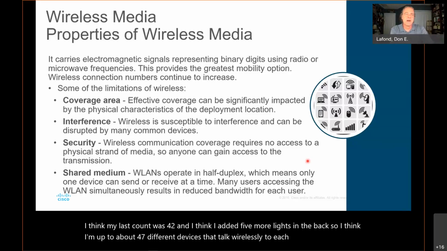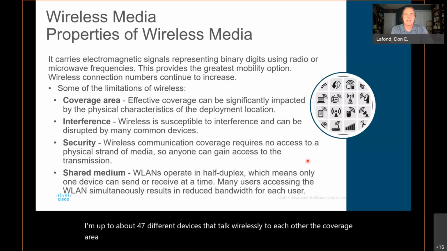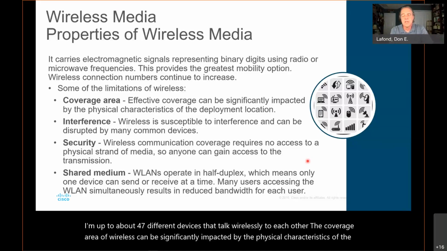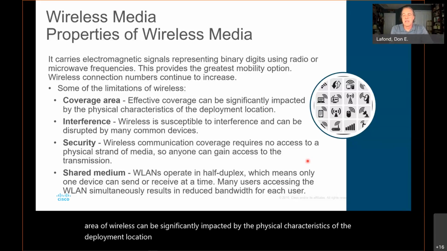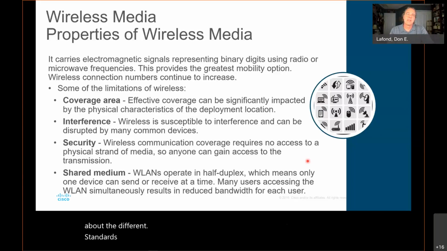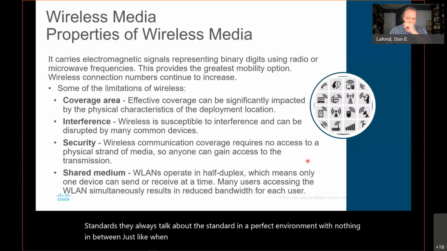The coverage area of wireless can be significantly impacted by the physical characteristics of the deployment location. When we're talking about 802.11 a, b, g, n, ac, ax, the different standards, they always talk about the standard in a perfect environment with nothing in between, just like when they talk about your miles per gallon in a car.